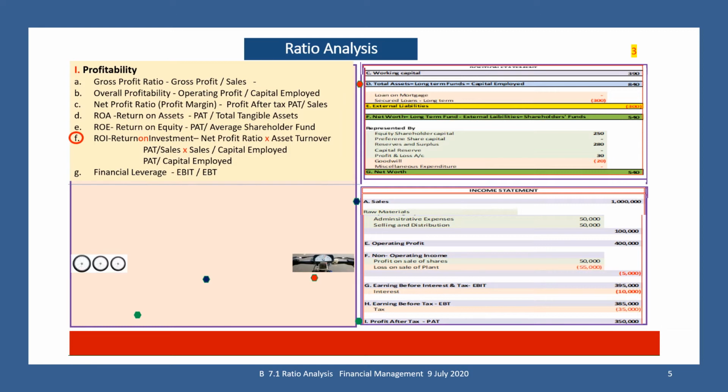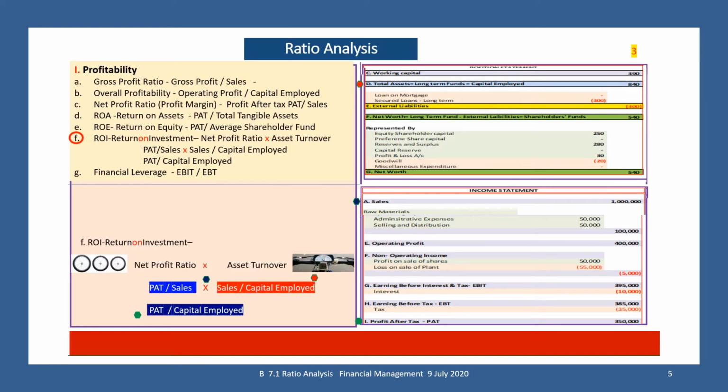Then we have got this particular ratio, return on investment. You should focus on this for the simple reason it is a product of two ratios. Profit after tax divided by sales, which is nothing but net profit ratio.